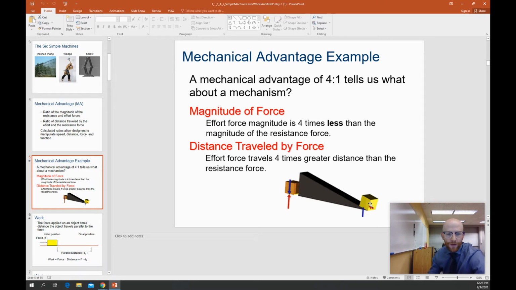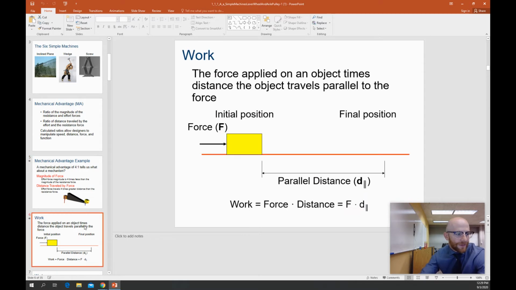But we know that we live in a world of friction, so actual mechanical advantage is going to be a little bit different. So we measure the actual force it would take to push that box up. Say I actually had to apply 120 pounds of force to move the box, then our mechanical advantage is going to be a little less than 4-to-1, which is always the case. Actual mechanical advantage is a little bit less than ideal mechanical advantage.